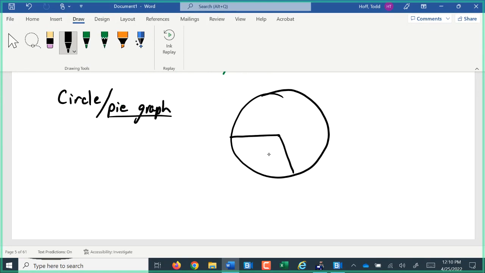So I might have a graph here where we look at the color of the uniform that people wear. And let's say that 30% of them are wearing white. And let's do 45% are wearing black. And 25% are wearing some other color.